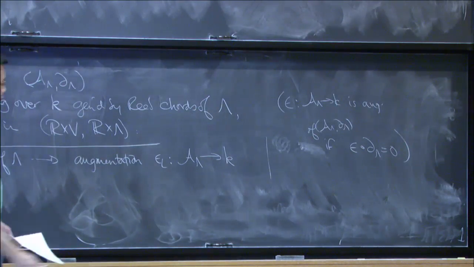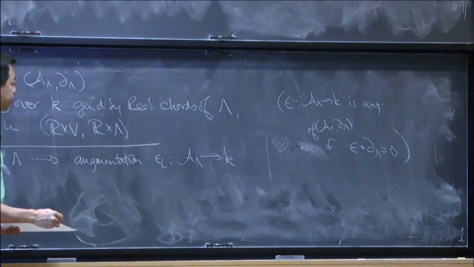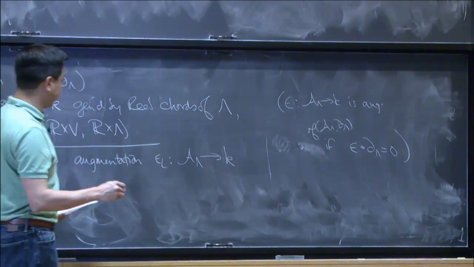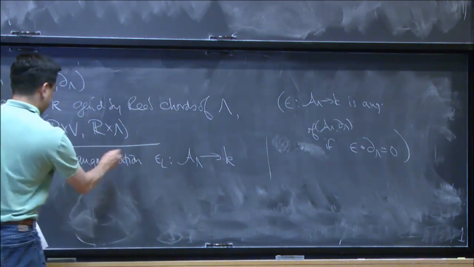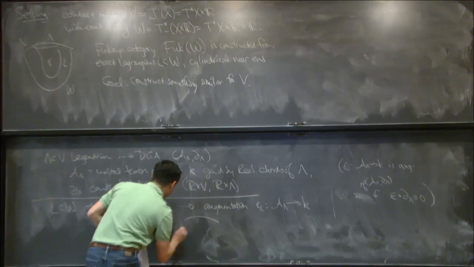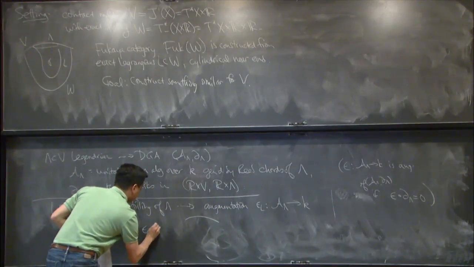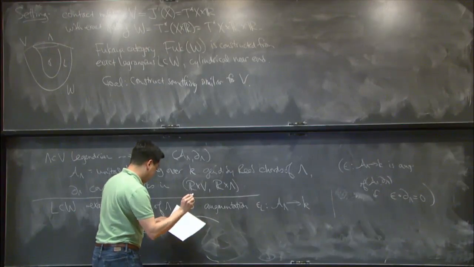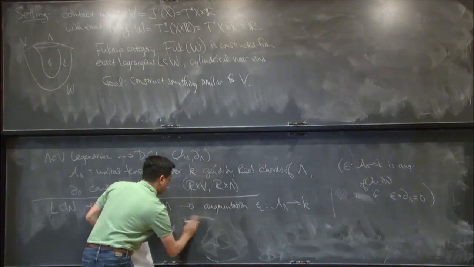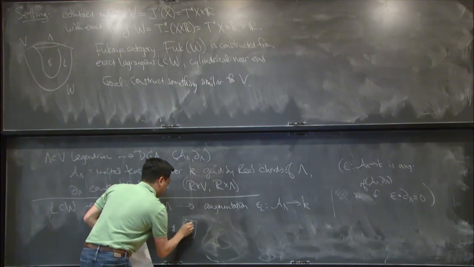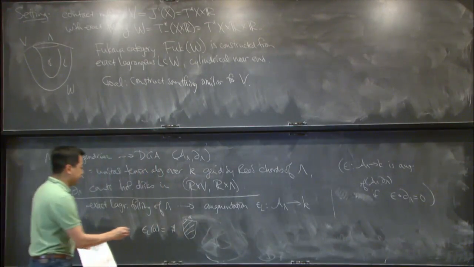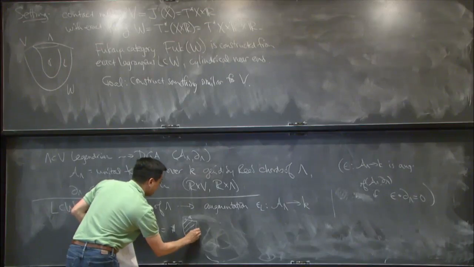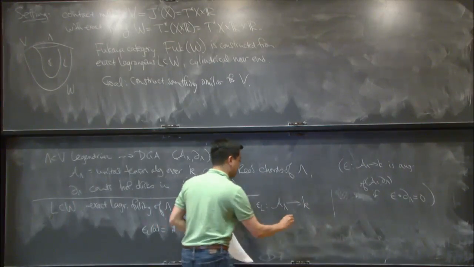This is an algebra map. The way that this particular augmentation is defined is it's defined on generators of the algebra. So I just have to tell you what epsilon L of a Reeb chord a is. And what it is, you count holomorphic disks with one positive end at a and boundary on L. So maybe let me actually draw this.